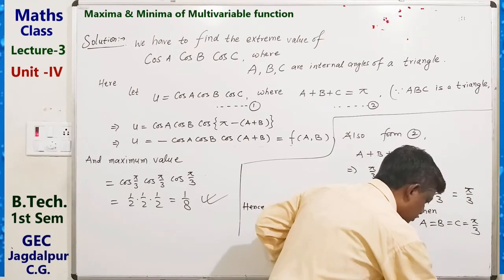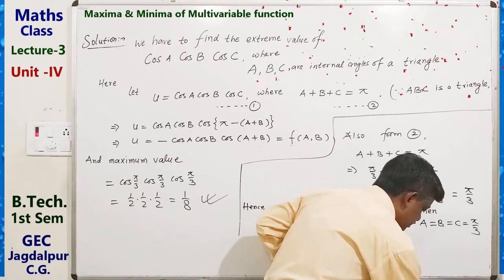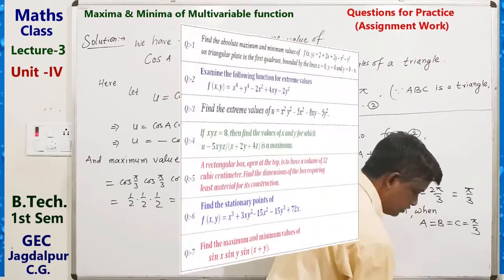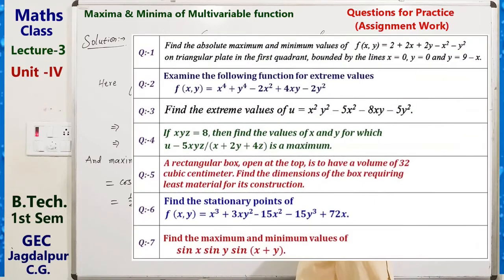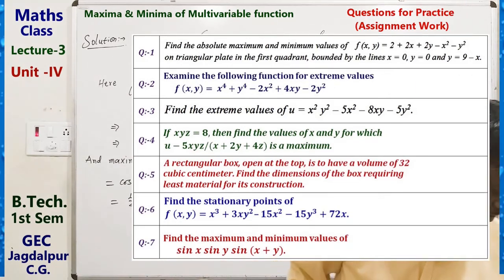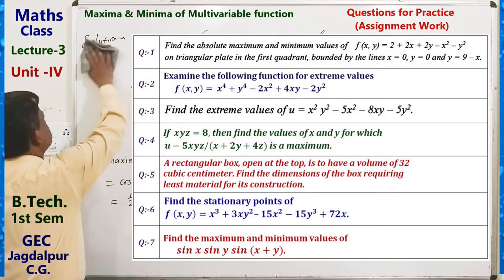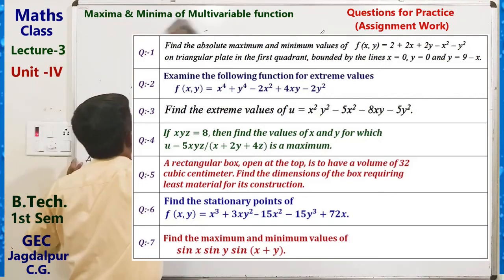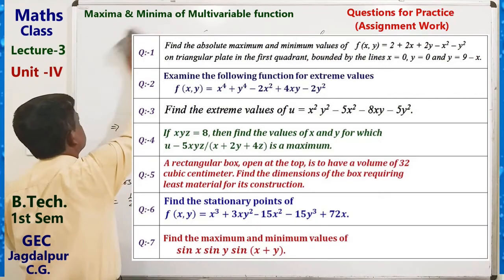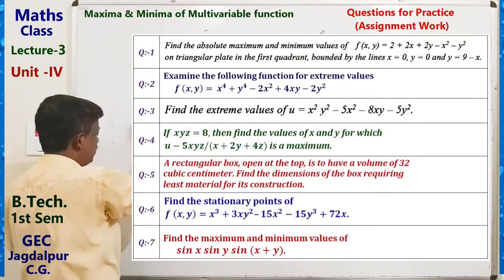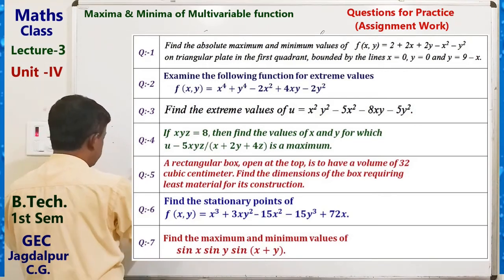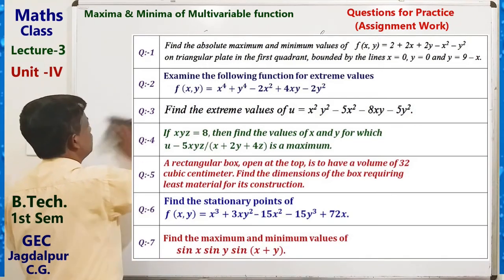Now I will give some questions for your practice. Okay, so do some of the questions for your practice. Here maximum and minimum of a function of 2 variables is very important for this unit.